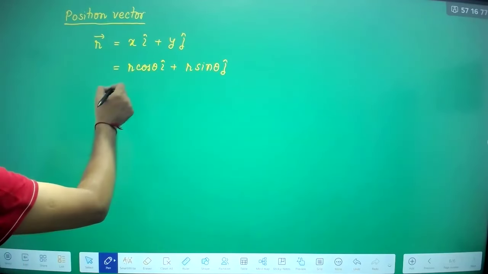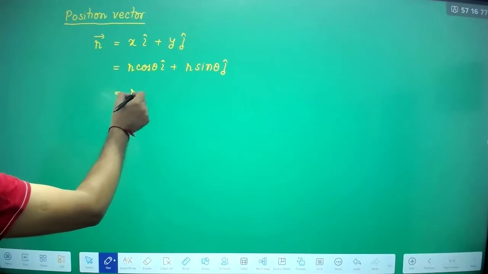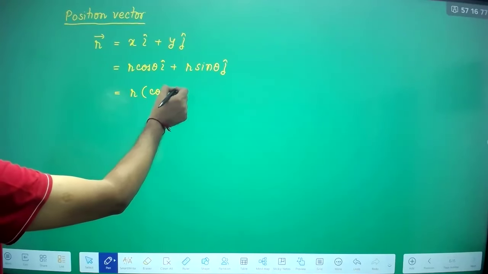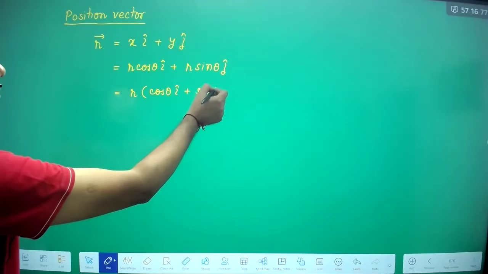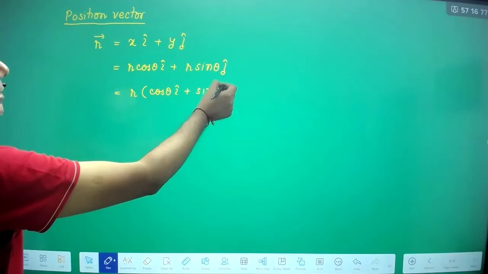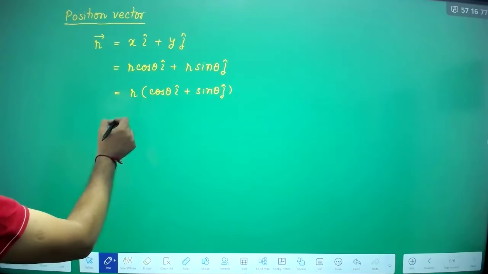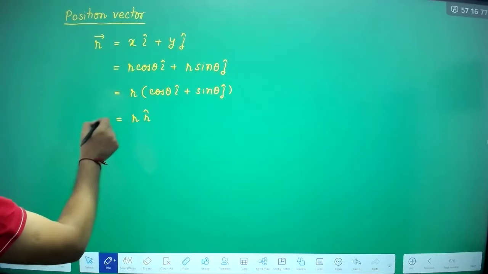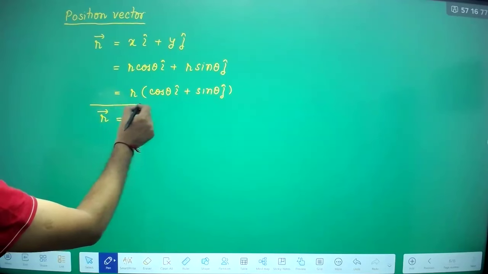So take this r common. R is the magnitude of the position vector. This will be cos theta I cap plus sin theta j cap. And if you look at the definition of r cap, this bracket term is actually equal to r cap. So position vector in polar coordinates is written like this.